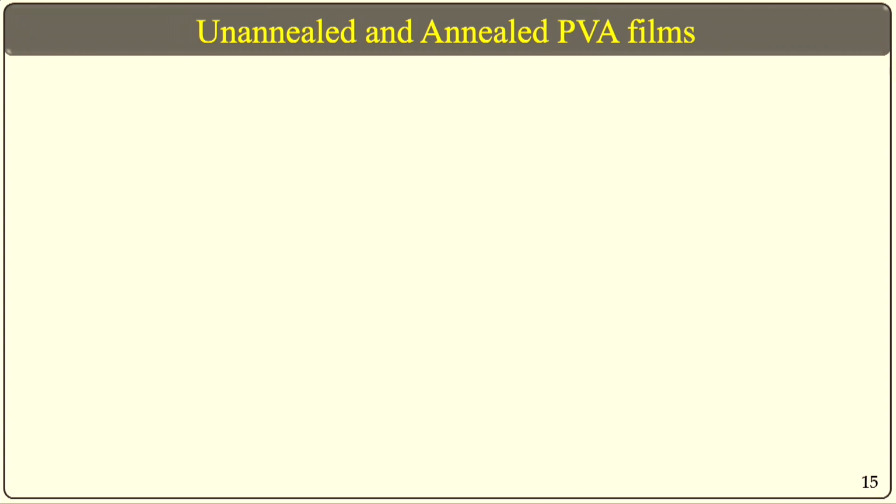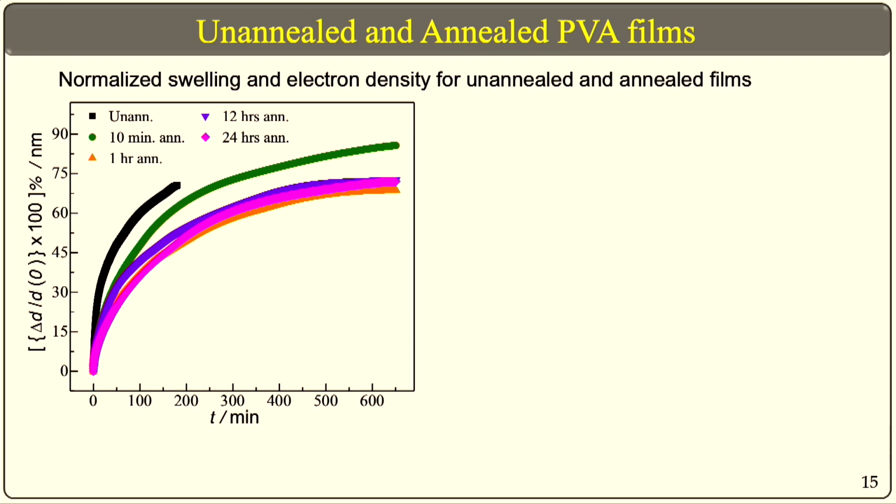Finally, a few slides where I would like to compare this same study in an unannealed and annealed system, because it's very affected by annealing. Just to briefly show the collective normalized swelling, you can see that the unannealed film swells the maximum, and after just 10 minutes of annealing the swelling is reduced.